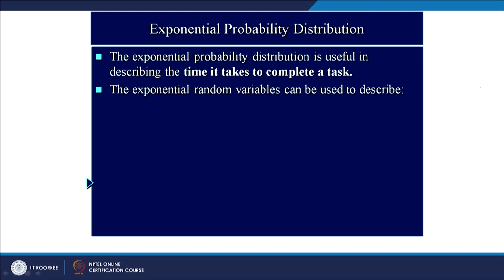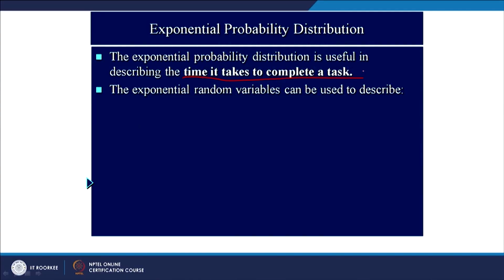What we saw in Poisson distribution was the probability of something happening in a time interval, but here we calculate how much time a task takes to complete. So, the exponential random variable can be used to describe this distribution.